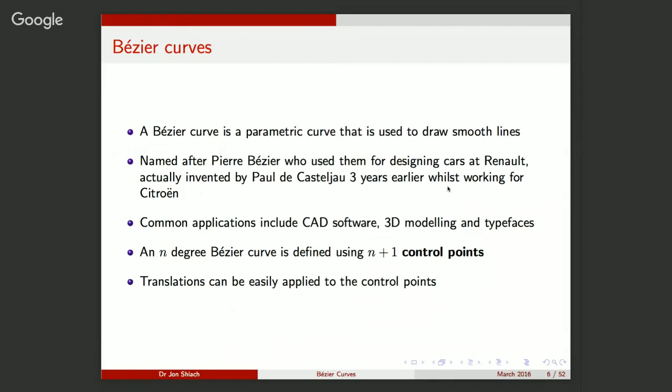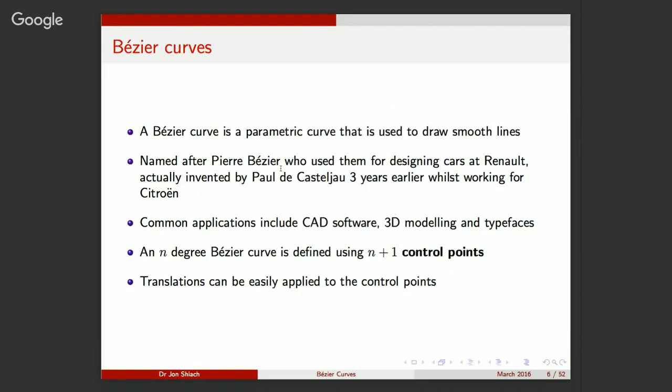Over the years, car manufacturers wanted to make them nice and rounded, partly because of aesthetics, partly because of aerodynamics. If you look at modern cars, they're all nice and rounded. So he was working for Renault, and he was developing algorithms to actually define a curved line, and he came up with Bezier curves.